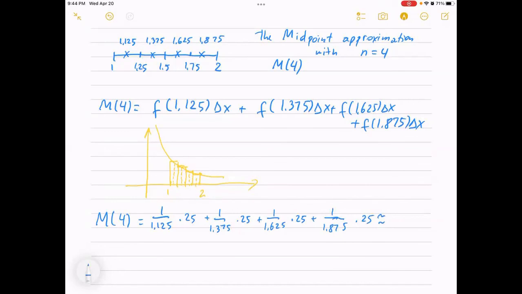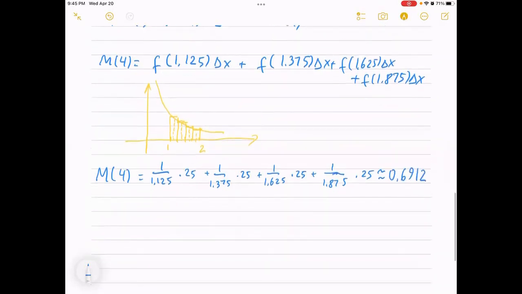And we run our calculations. We round our answer to 4 decimals and we get 0.6912.